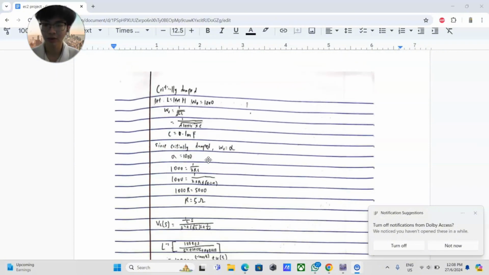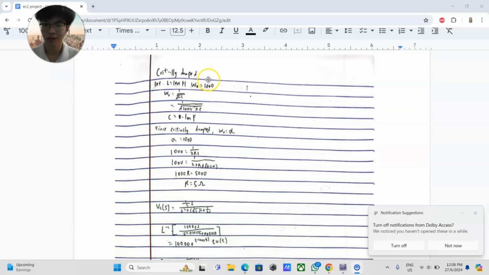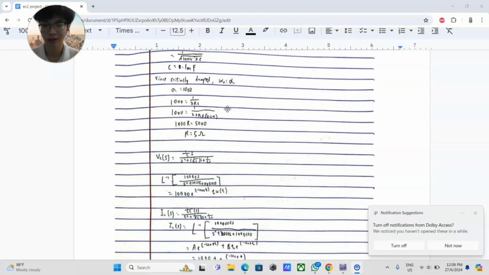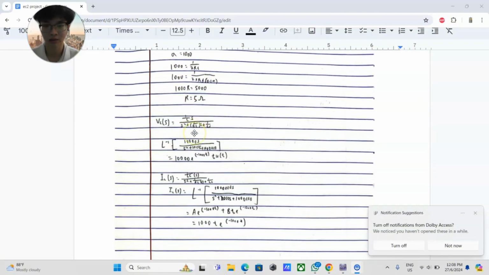For the critically damped response, we keep L the same, and W is equal to 1000 also. So we find the same thing, C is equal to 0.1 mF, and since it is critically damped, W naught is equal to alpha. So alpha is equal to 1000, and we calculate R is equal to 5 ohm.